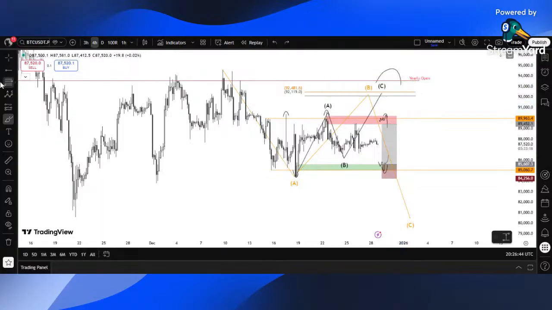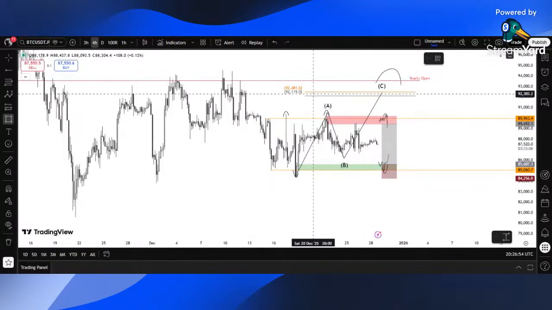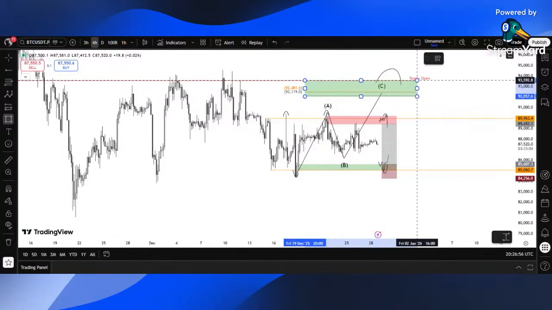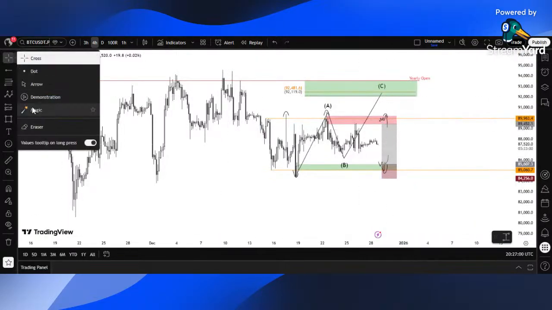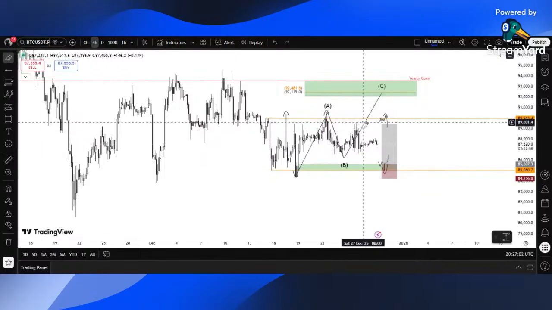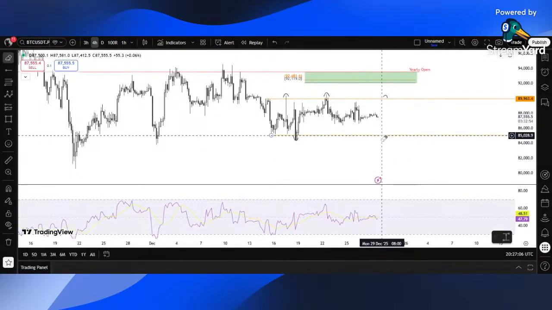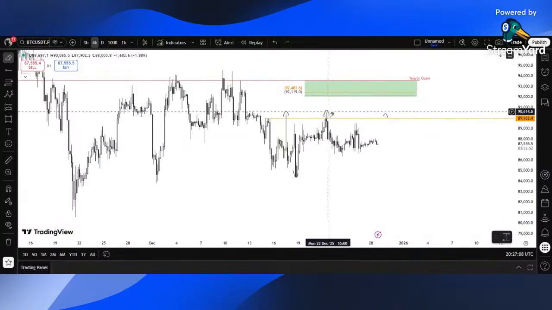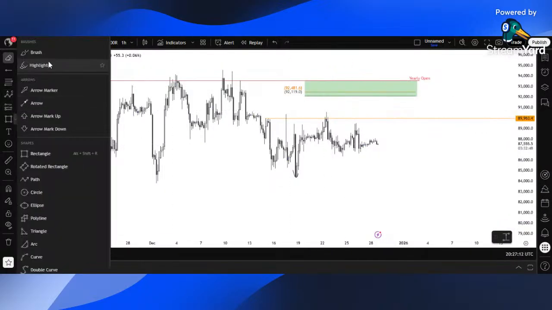Now, I don't want my chart to look bad like this. Let me remove the other stuff so you guys can read very easily what exactly I'm saying. So for this ABC pattern, I will look exactly for this.